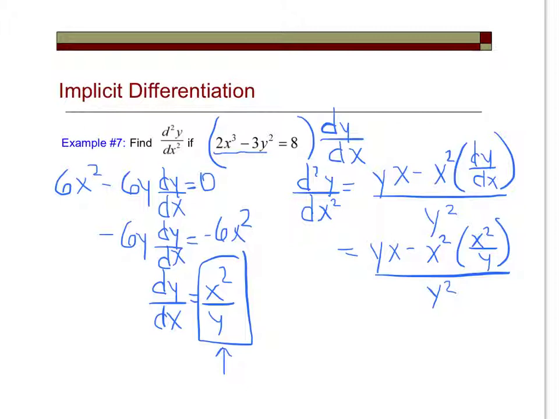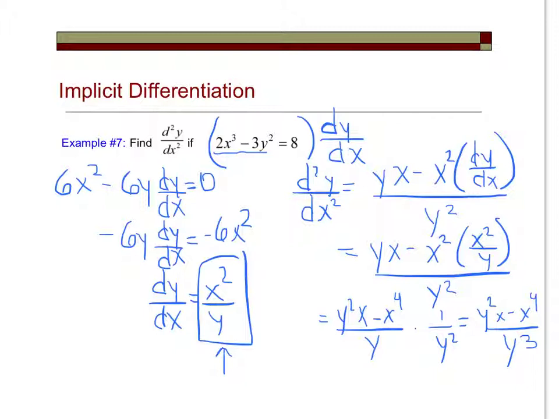So we have a complex fraction here. So I'm going to write the numerator out as a fraction. So the common denominator would be y. So this would become y squared x minus x to the fourth all over y. And then it's divided by y squared, which just means times 1 over y squared. So the result then is y squared x minus x to the fourth all over y cubed.